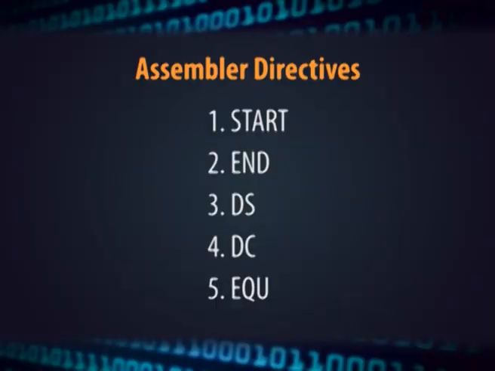Typically, in most assemblers, irrespective of the CPU design, common names are assigned to the assembler directives. There are 5 commonly used assembler directives. They are START, END, DS, DC, and EQU.